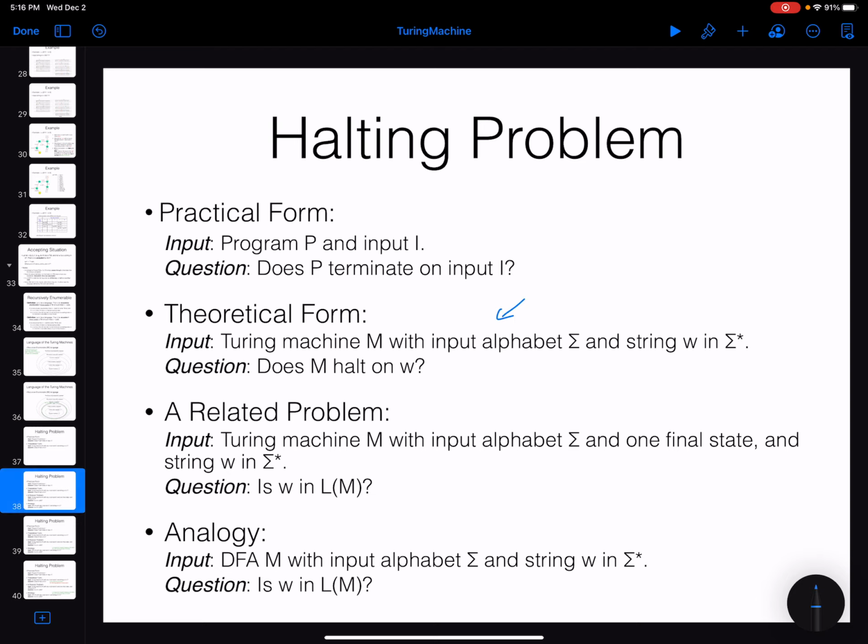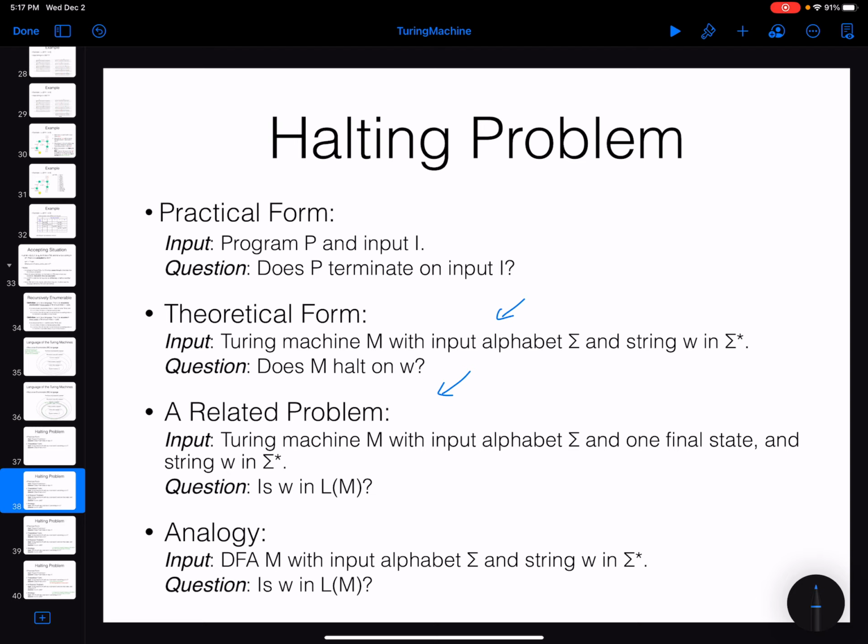But there is another problem related to this, and this one is decidable. You have a Turing machine with one final state and an input string. You want to know whether this string belongs to the language or not.